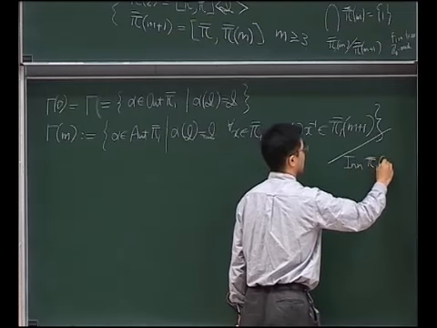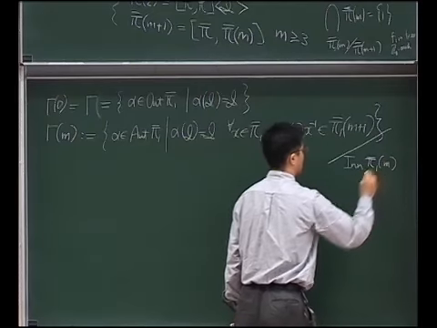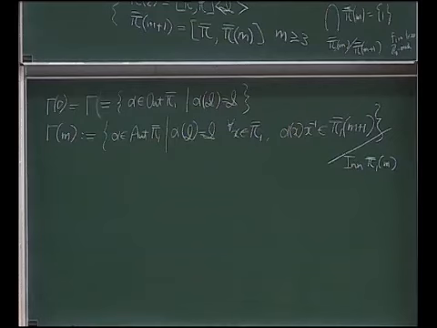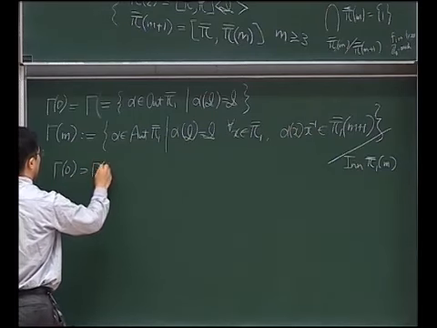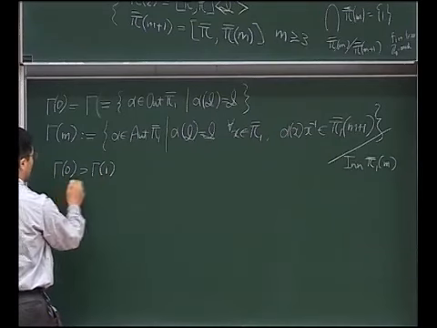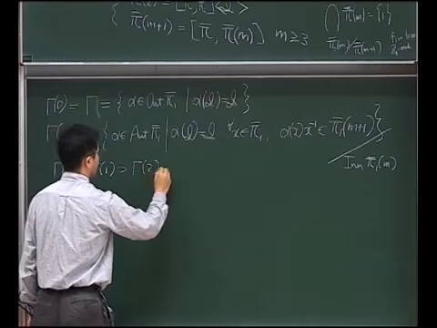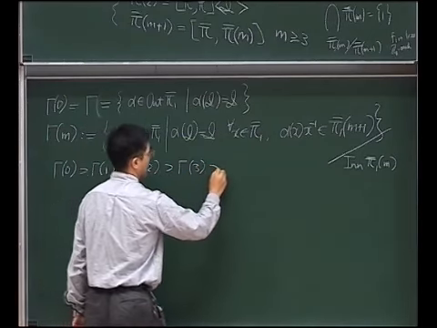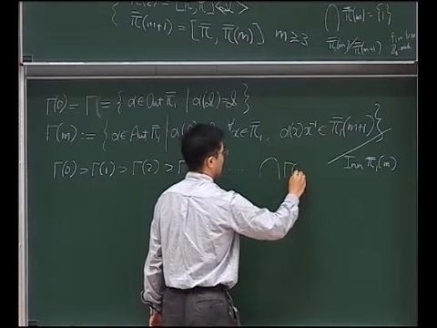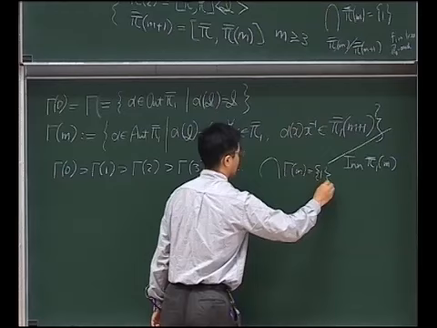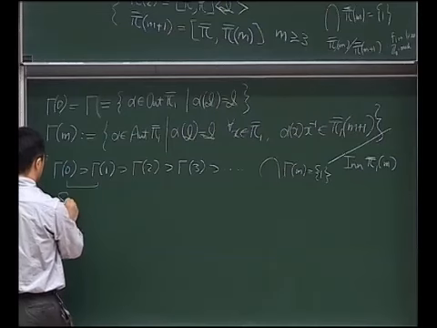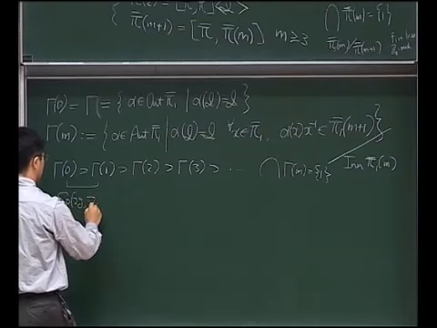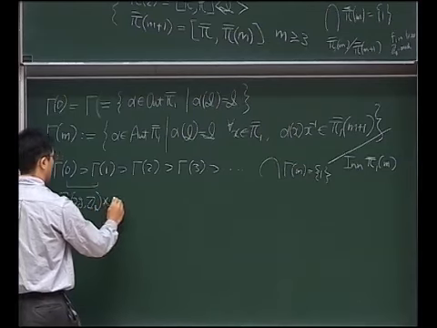Then this also introduces a central filtration in gamma 1. Gamma 0 and gamma 1 differ modulo automorphisms coming from elements of pi 1 m. This defines the central filtration of gamma 1: gamma 0, gamma 1, gamma 2, gamma 3, and the intersection of all gamma m is 1, which is also known.